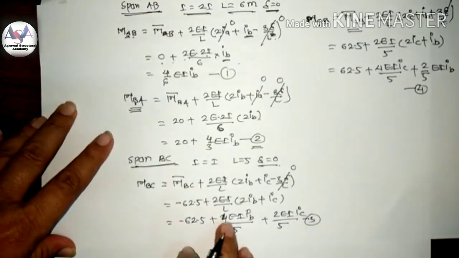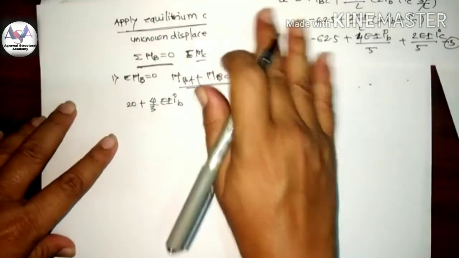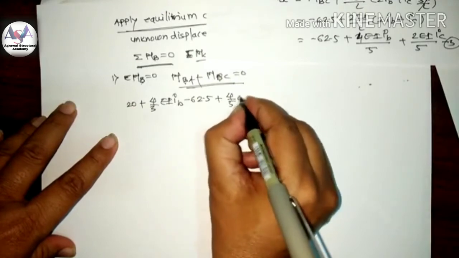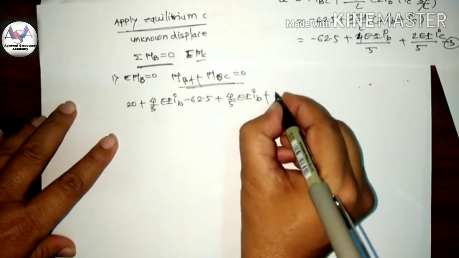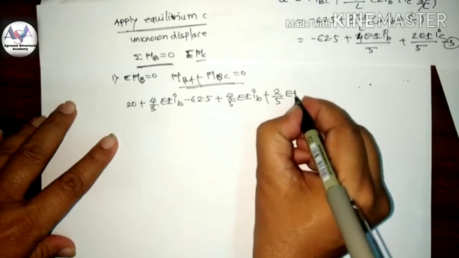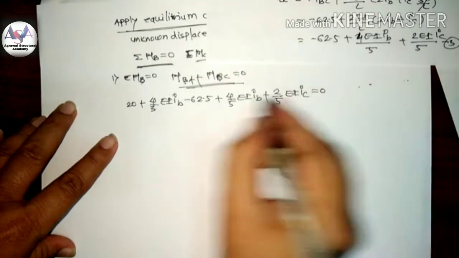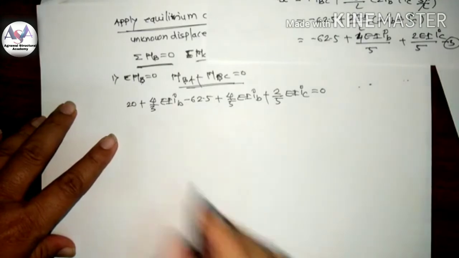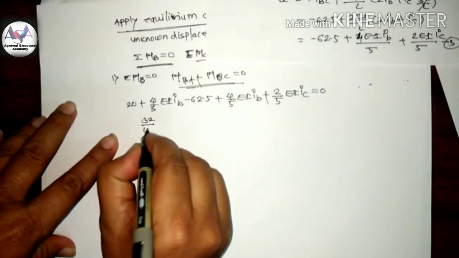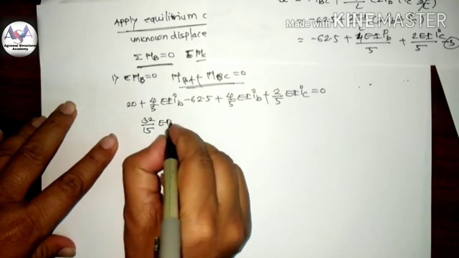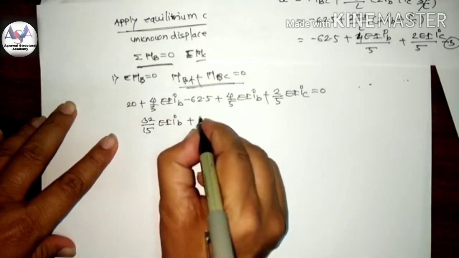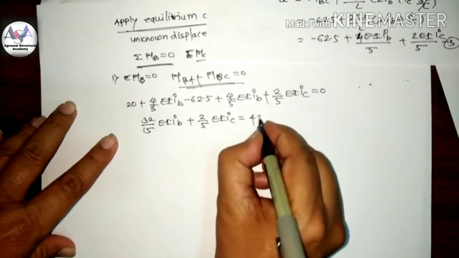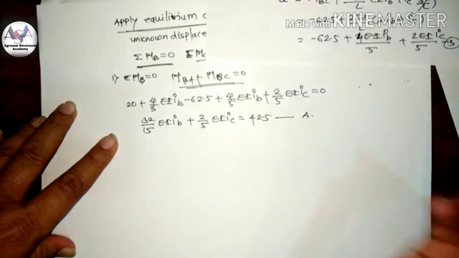And BC is this equation: minus 62.5 plus, and if you simplify this, so this is our equation A.